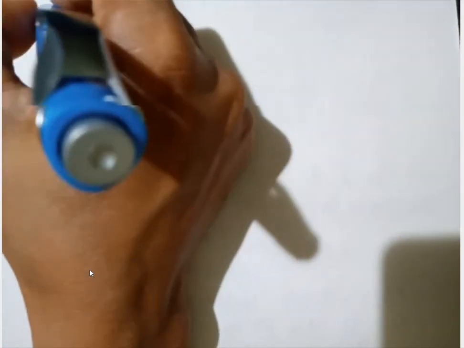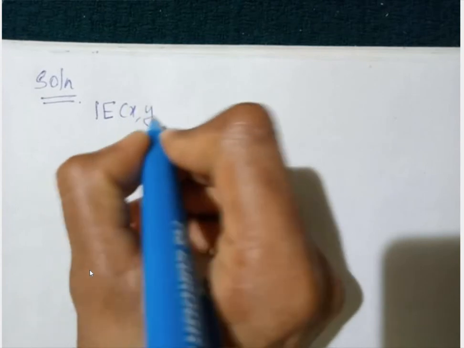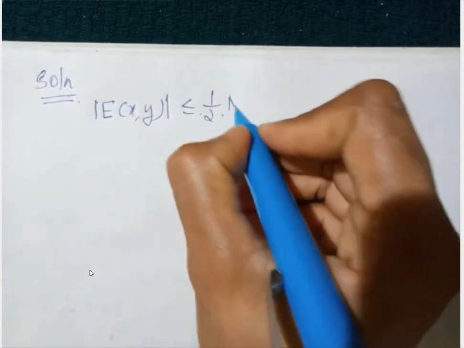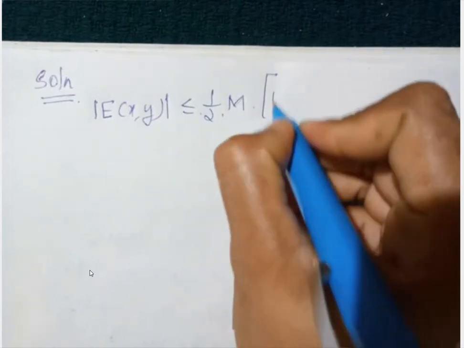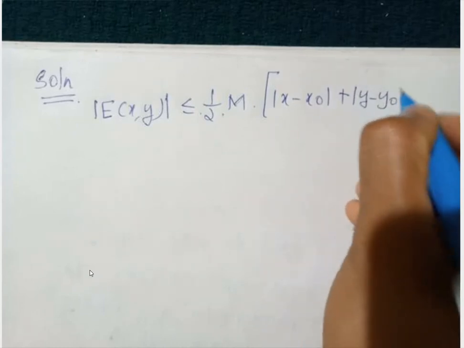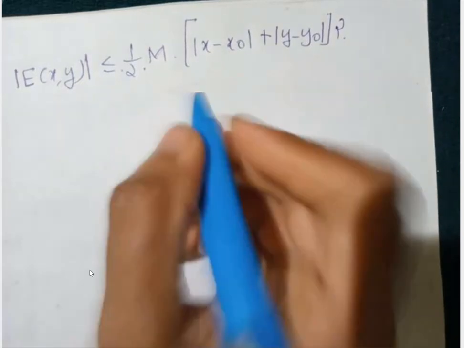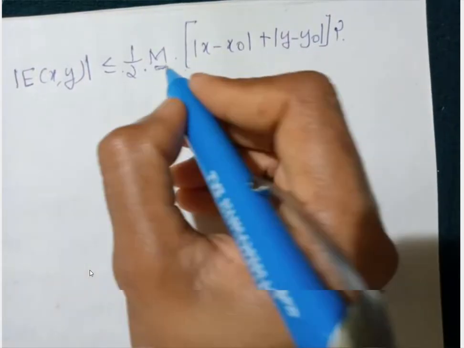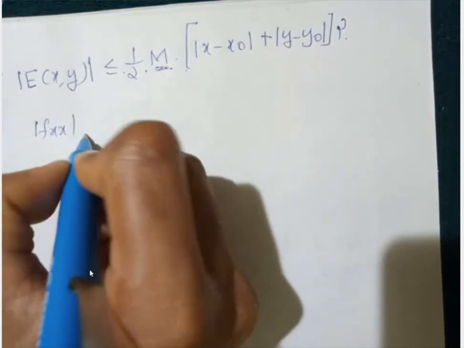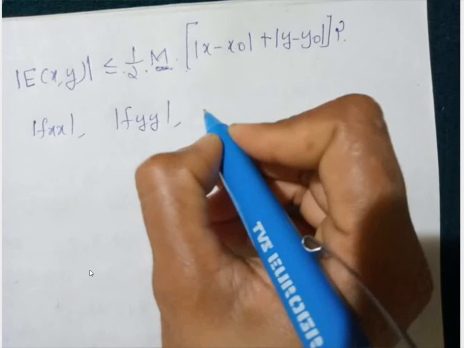Solution. We have mod E of x, y is less than or equal to half M into mod x minus x naught plus mod y minus y naught, whole square. First of all, we have to find this capital M. Capital M is the upper bound of all mod fxx, mod fyy, mod fxy.